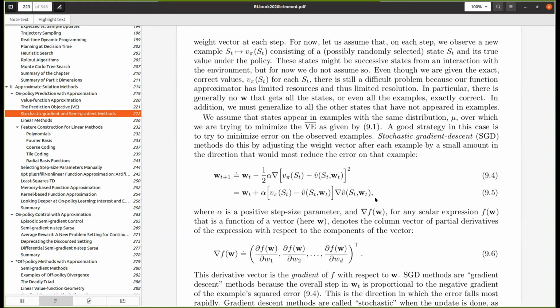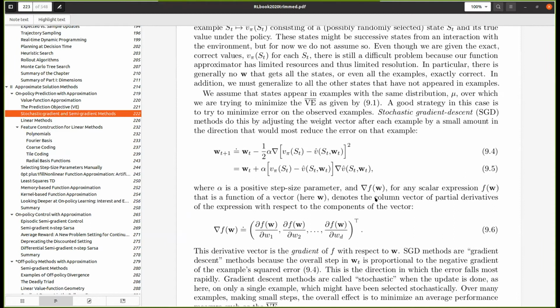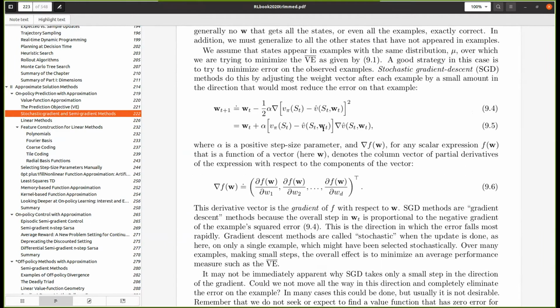So equation 9.5 is just the gradient of the mean squared error, or squared error objective here.